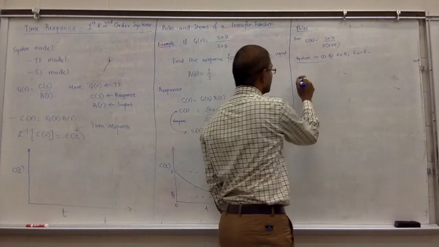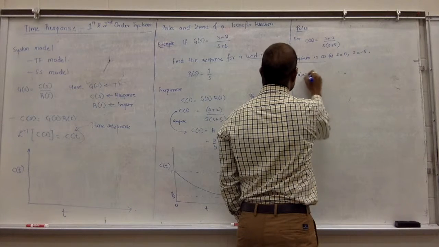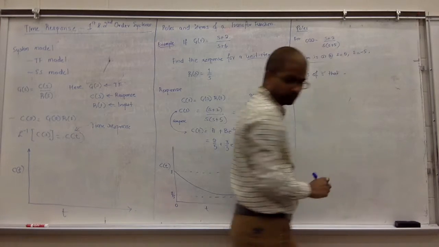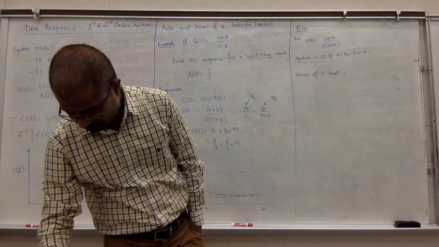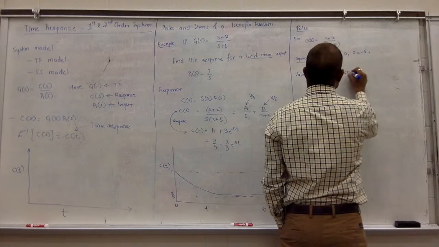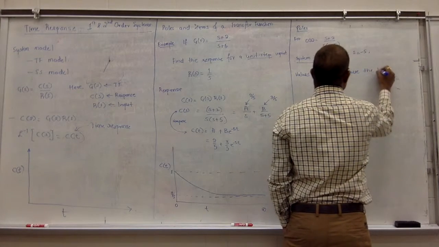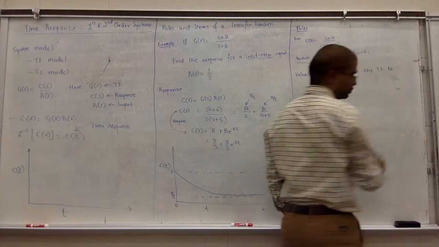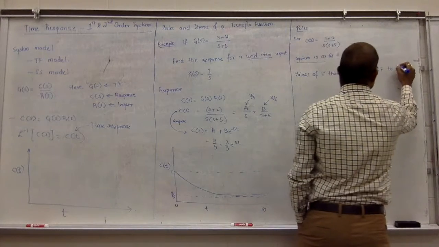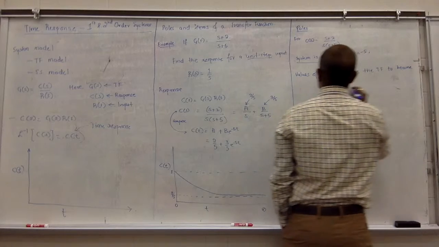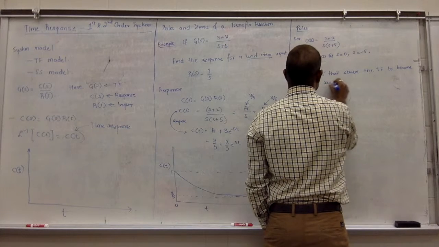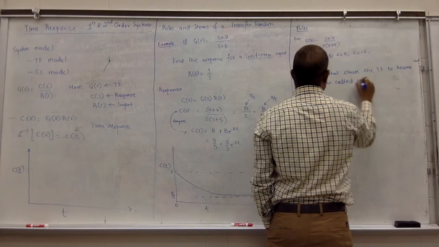So these values of S that cause the transfer function to become infinite are called poles.